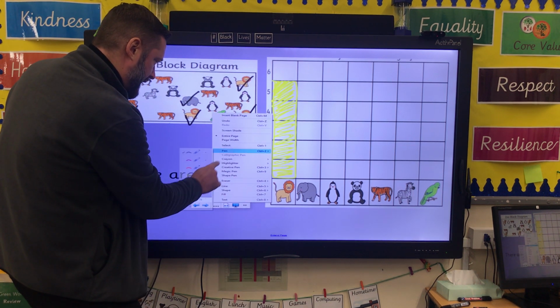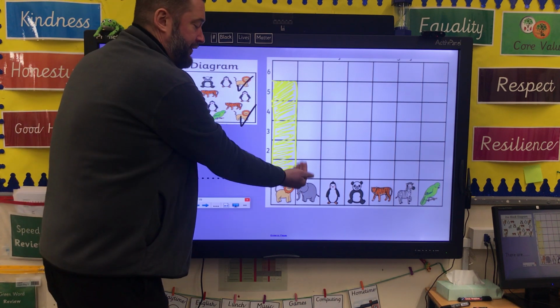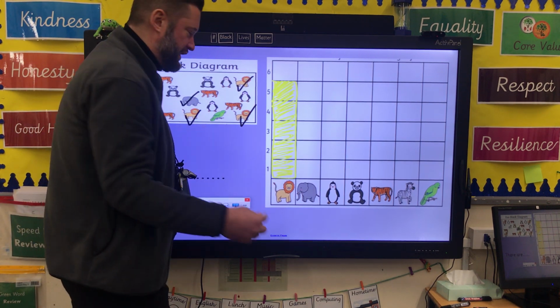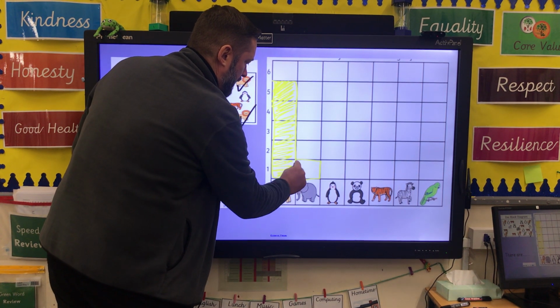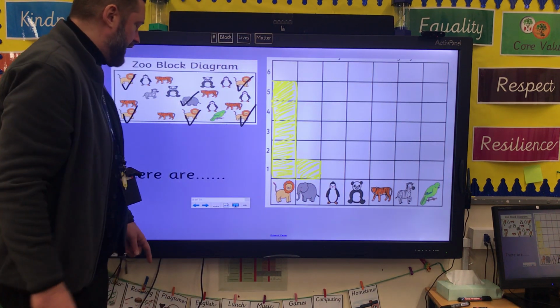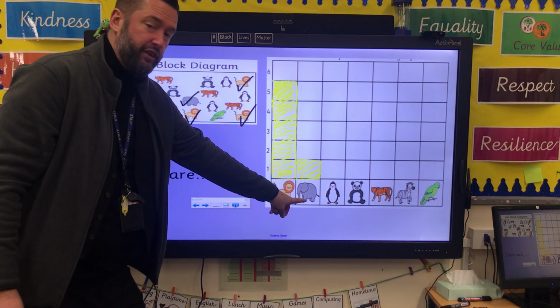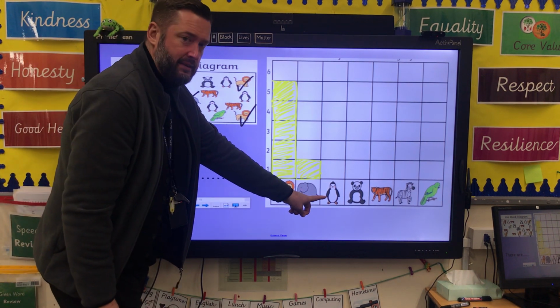Now, as I said before, if you've got different colours at home, you can use a different colour for this bar, but I'm going to use yellow. Keep with yellow, and it's only 1 bar I've got to colour in. Okay, so there is 1 elephant in the zoo. Which one are we going to count next?